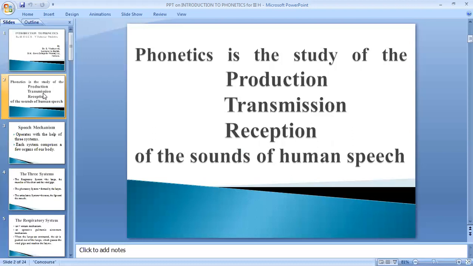While we speak to others, we produce some sounds, we transmit some sounds, and we receive some sounds. So, phonetics is the study of the production, transmission, and reception of the sounds of human speech.